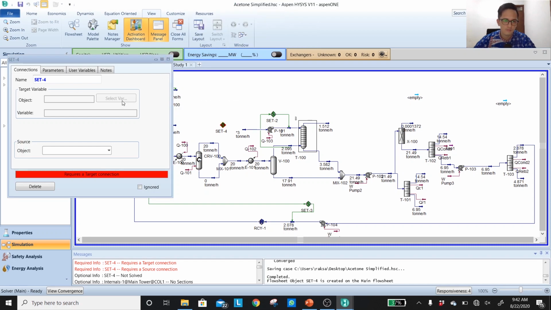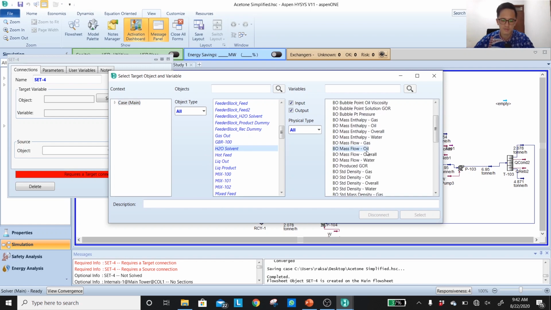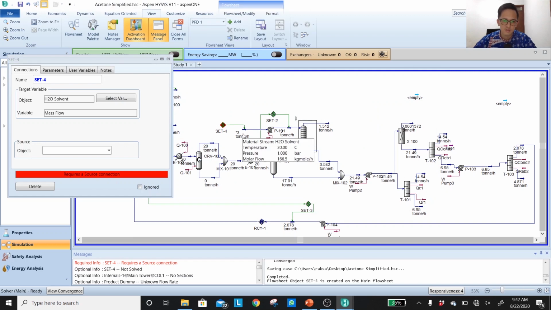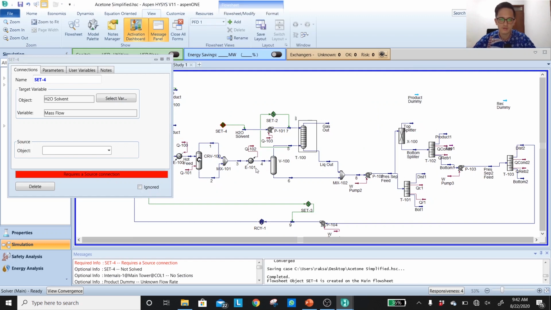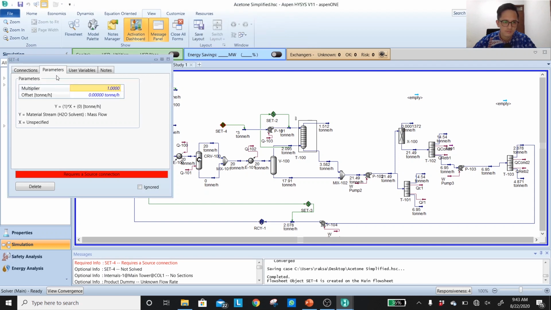So my water solvent, that's the mass flow rate, mass flow. Okay, select. My mass flow will be affected by stream 5. Okay, and the number now is roughly 1.5.